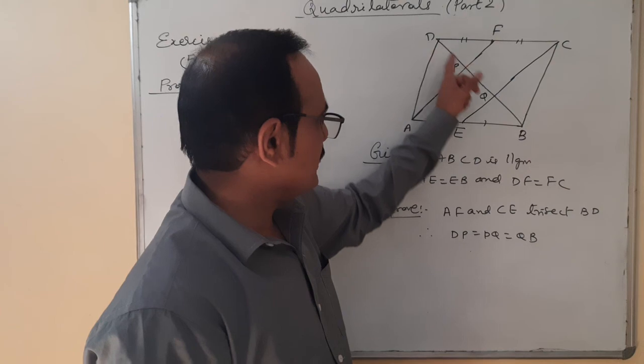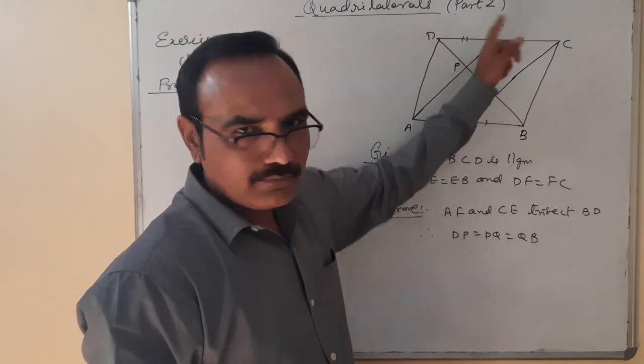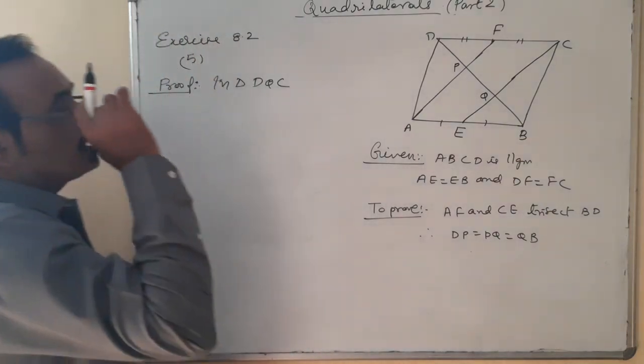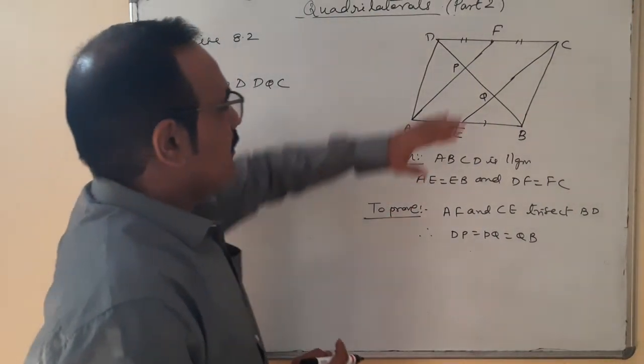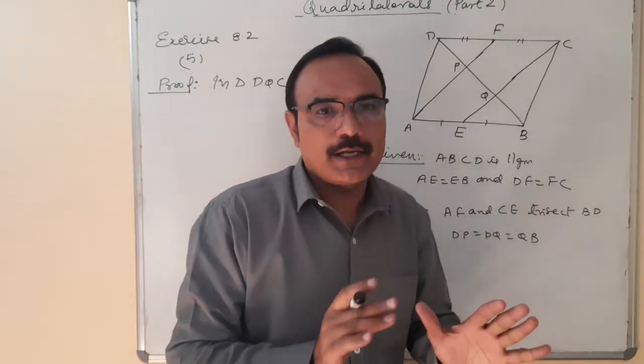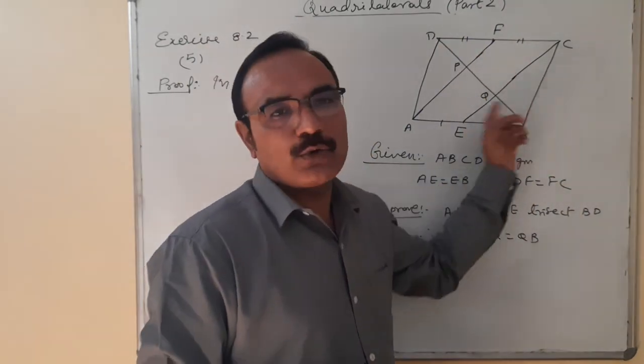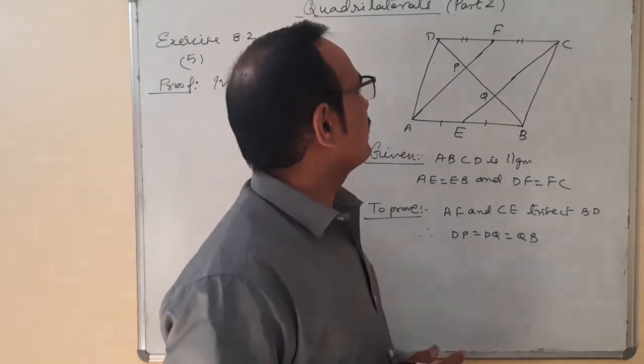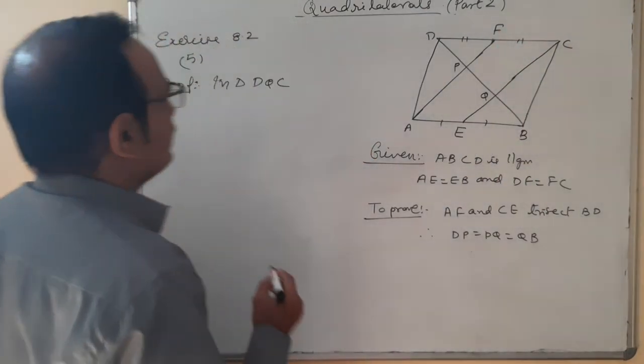So that this will be a part of a side of this triangle. In this triangle DQC, you are concentrating only on triangle DQC, you are not looking here and there.